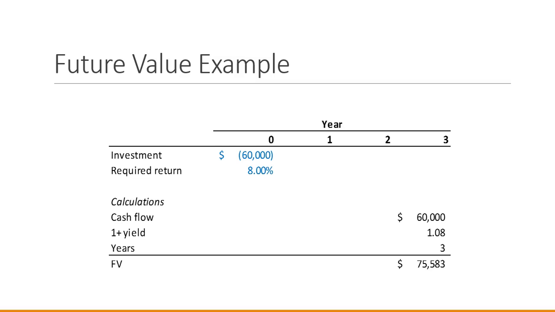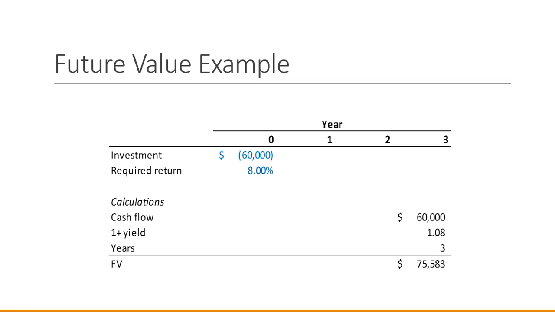I'm investing a little bit more because I'm investing my original $60,000 along with the earnings of 8% that the investment generated during year 1. And then at the end of year 2, I'll have an even larger number that will also compound in year 3 because, again, I won't be investing just $60,000.